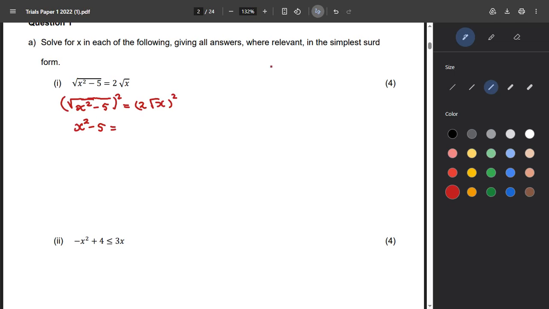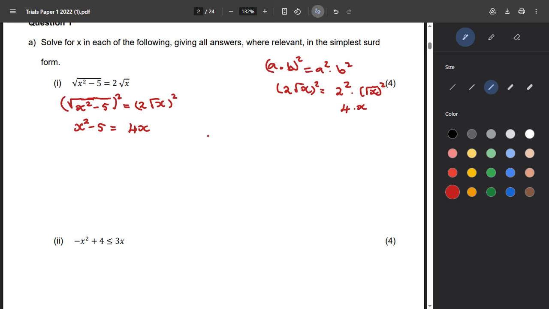Remember, if I have a times b, everything squared, this is a squared times b squared. So if I have 2 root x squared, this will be 2 to the power 2 times root x squared, which is 4 times x, since the square root cancels. So this will be equated to 4x. I hope that part makes sense.